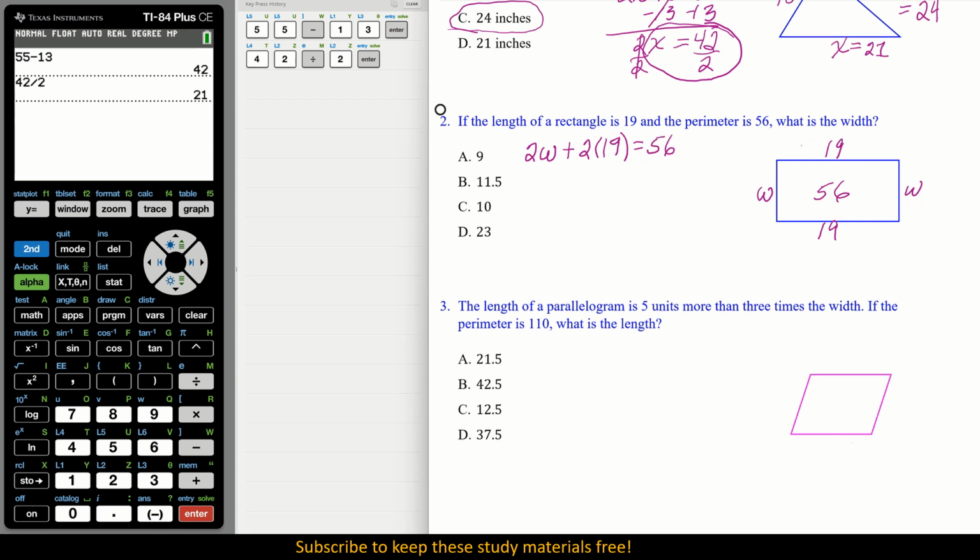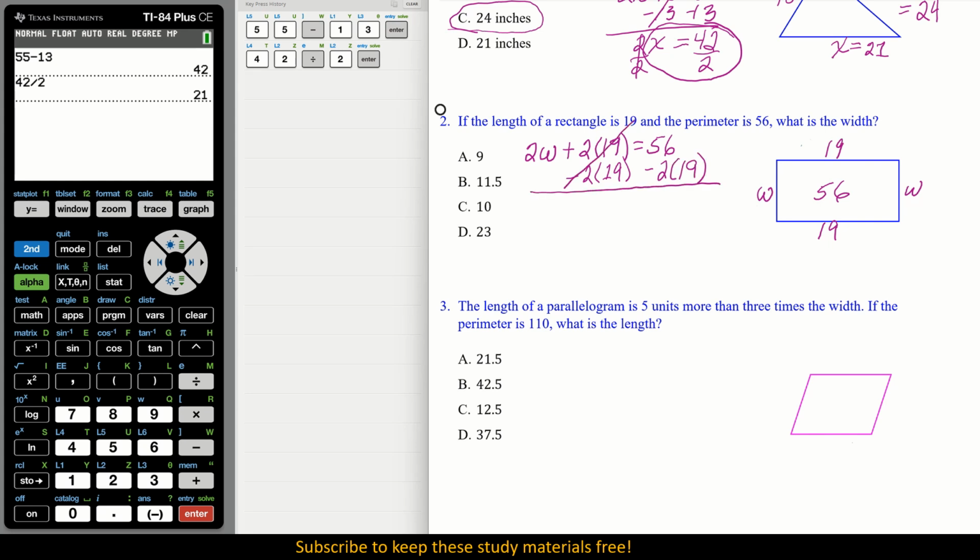I'm not even going to bother with putting that in the calculator yet. I'm going to subtract 2 times 19 from both sides. Now let's clean that up.